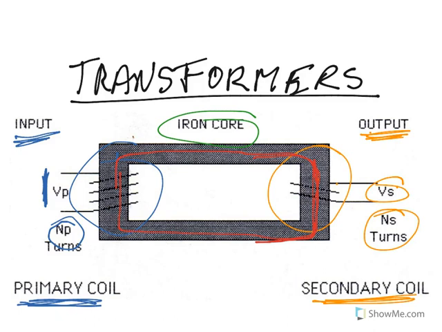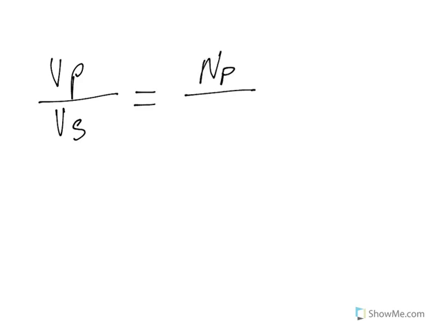Alright, so it turns out that there's a good relationship, and this is missing in your notes in the red, so the voltage across the primary over the voltage across the secondary is directly related to the number of turns in the primary and the number of turns in the secondary coil. So if we want to change our voltage, we can look at the numbers of turns, or the turns ratio it's sometimes called.